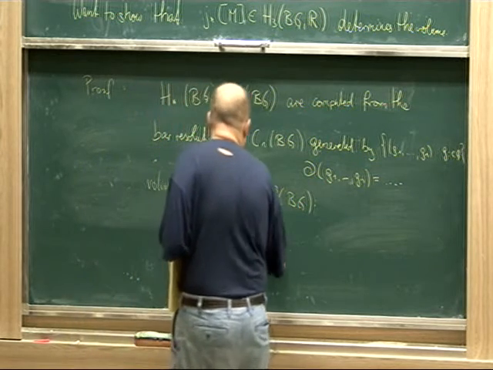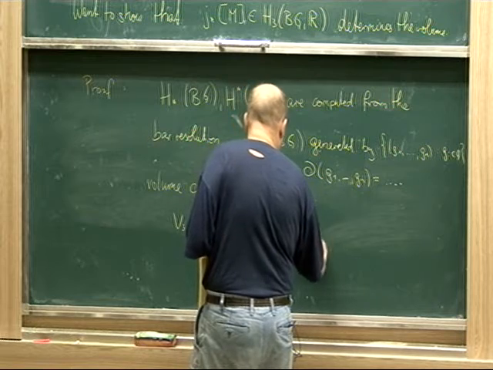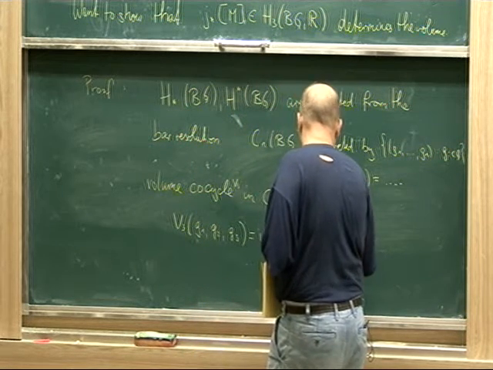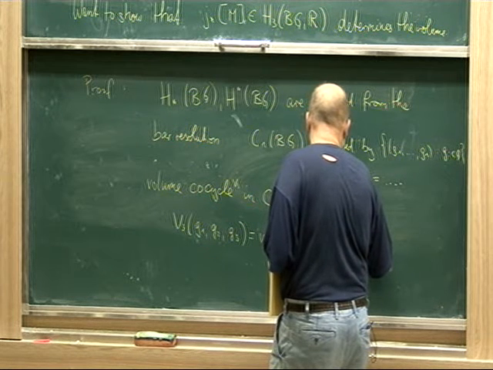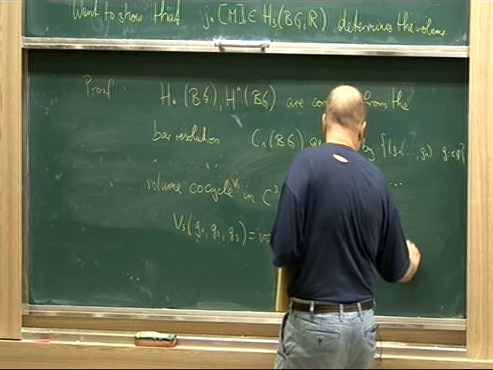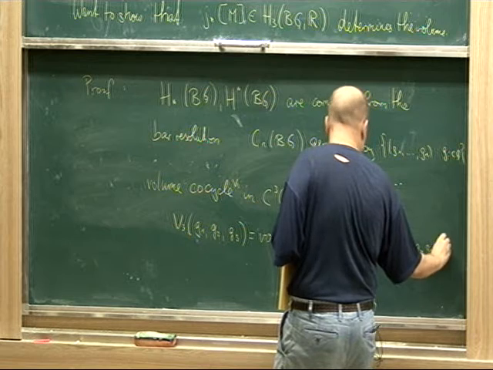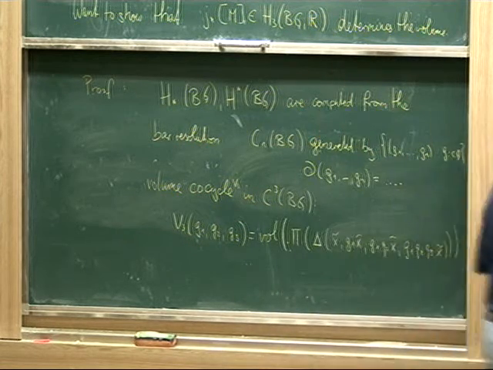This will be the volume of the image of the simplex with vertices x, g1 x, g2 x, g3 x.